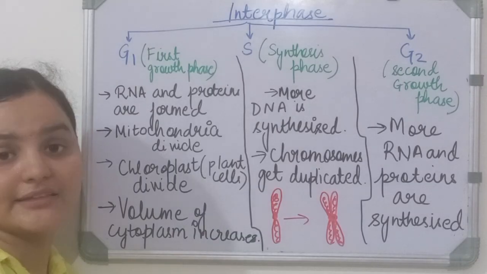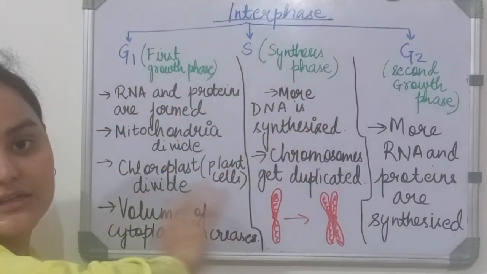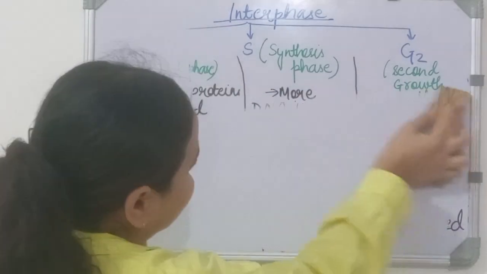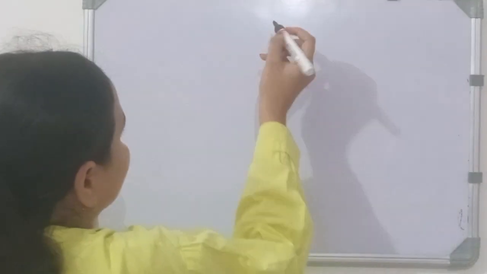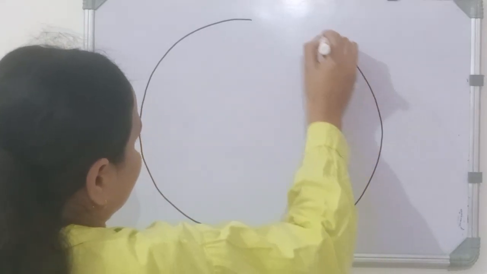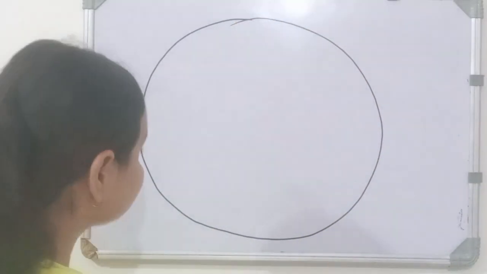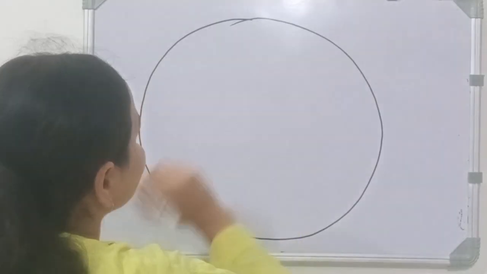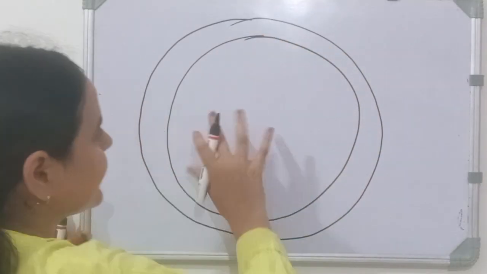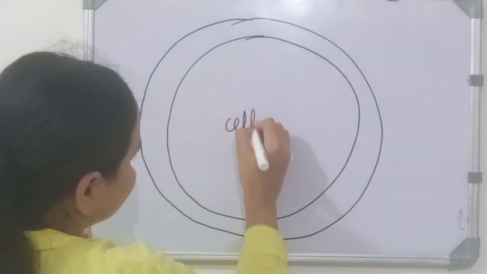Okay, now next I will be drawing the cell cycle, complete cell cycle. So let's draw. So this is a cell. Okay, and in cell, I am representing cell cycle.